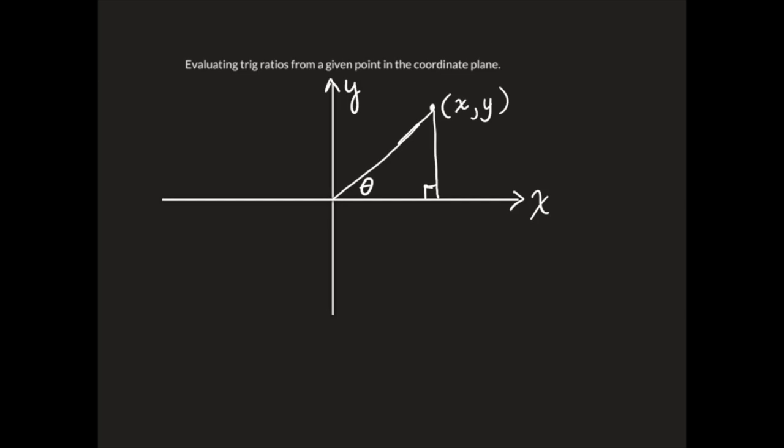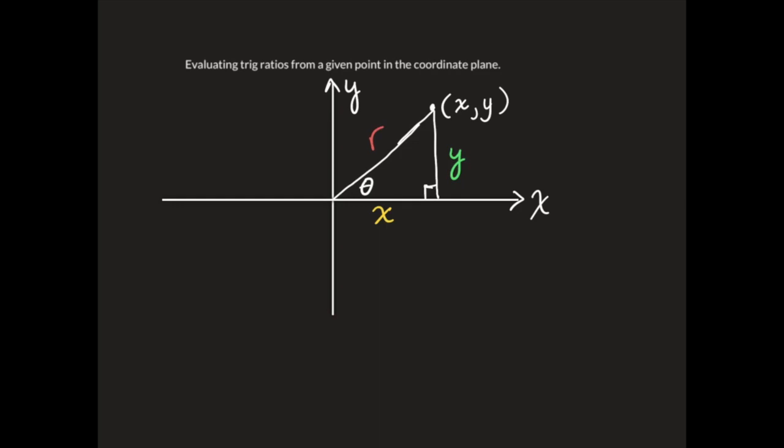Adjacent to the central angle is the x-axis, so that's my x value. Vertically is my y value. And the hypotenuse, we're going to call that r.